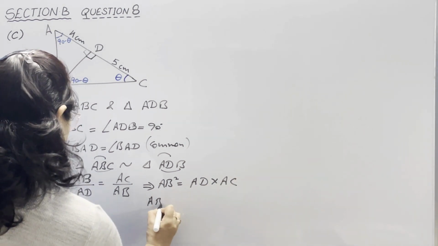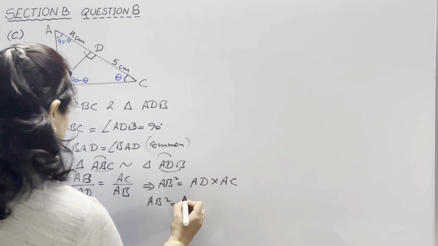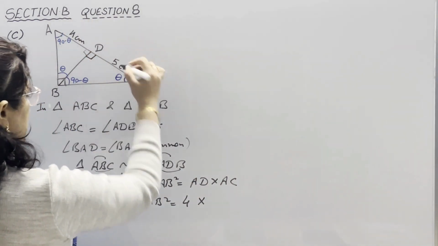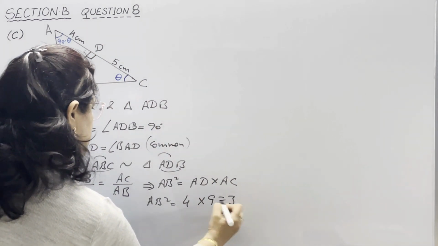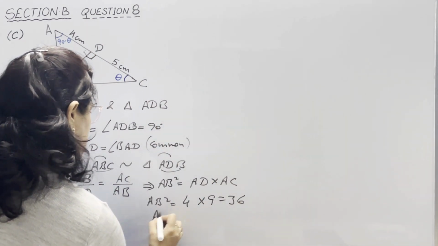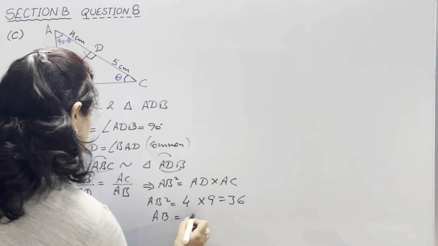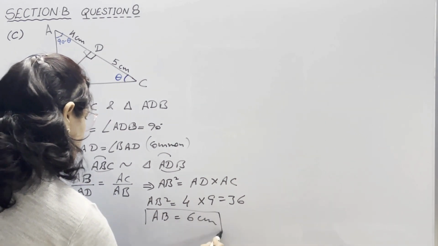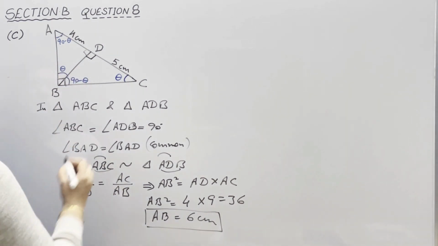So AB square is equal to, value of AD is given as 4 and AC is complete 4 plus 5, it means 9. It means 9 into 4, 36. AB square is 36, so AB is equal to 6 centimeter. This is our first part. AB is equal to 6 centimeter.